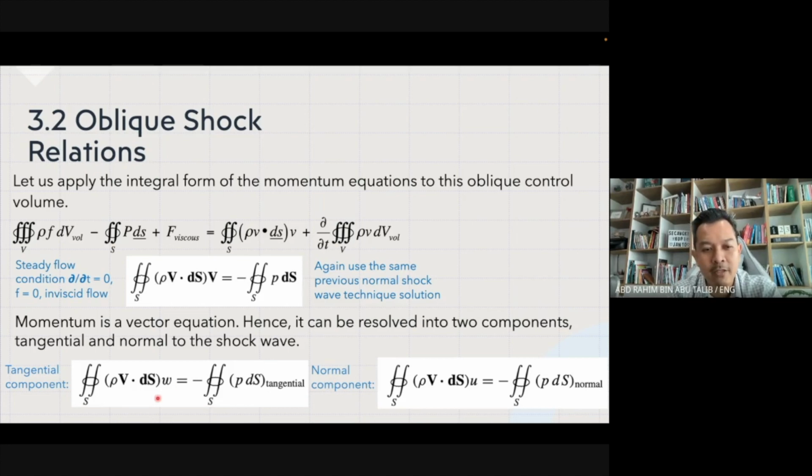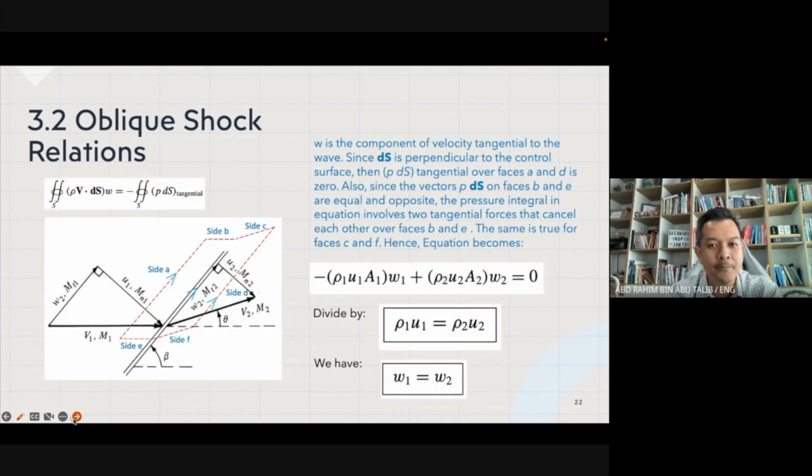Looking over here, for the tangential component, W is the component of the velocity tangential to the wave. Maybe you are asking, where is W? This is W2.